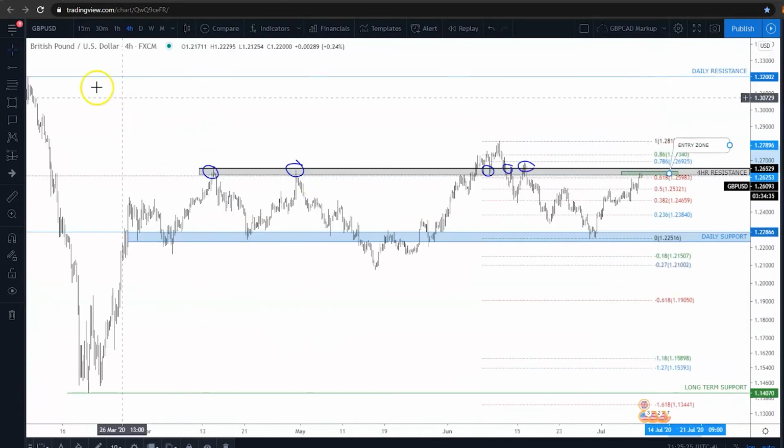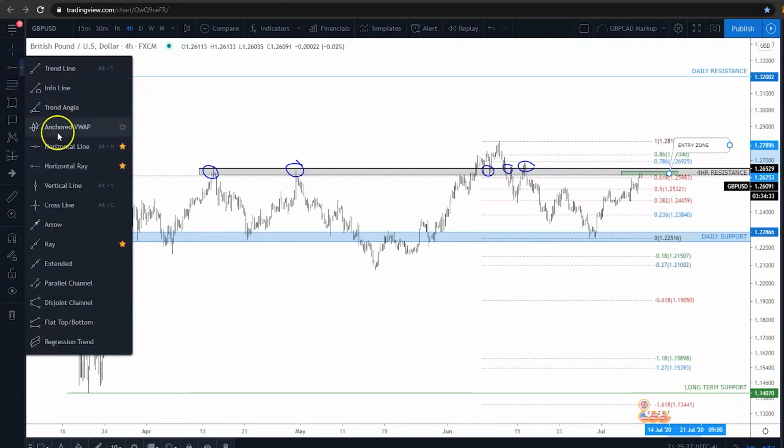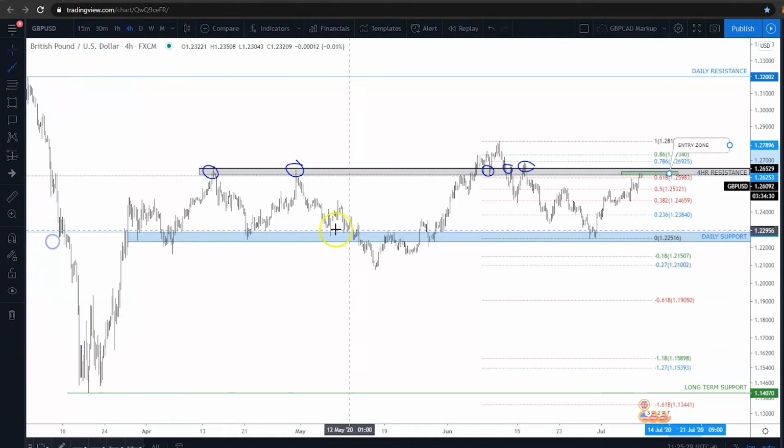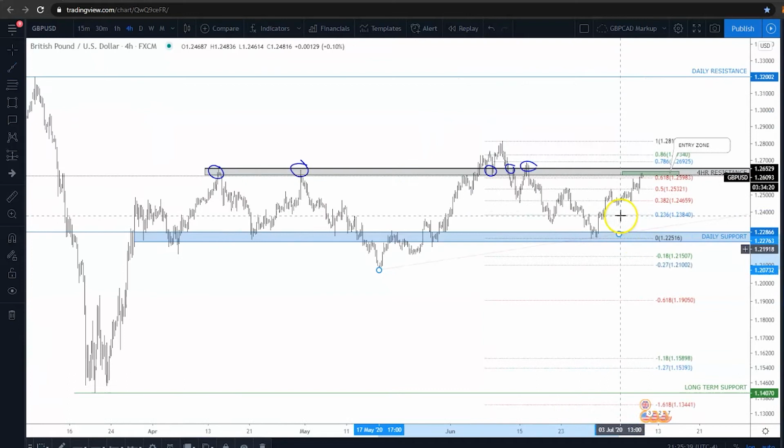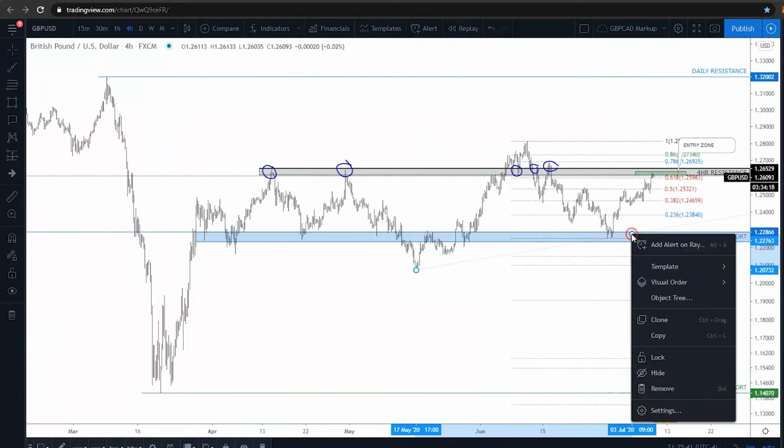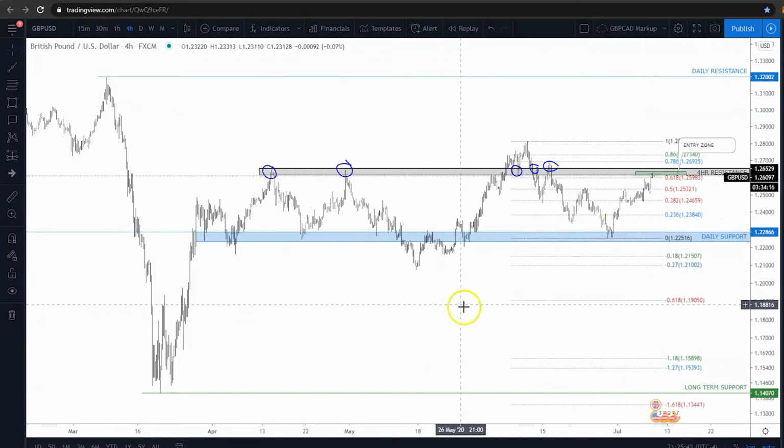Okay, so now I'm just going to get out my rays. And I'm just drawing my trend lines. And actually, let me do that over because that is not right.